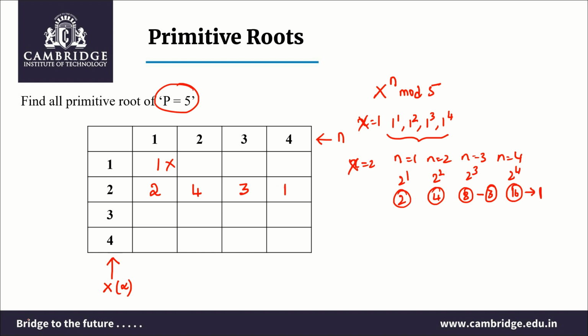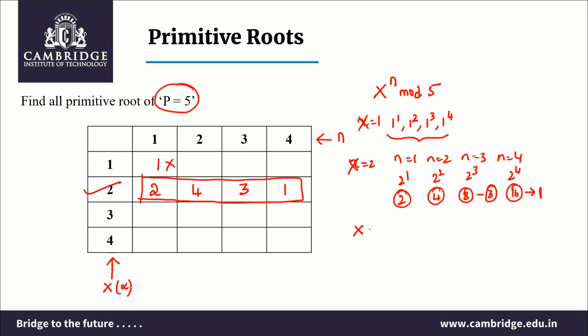You can observe that I have got all distinct values from 1 to p minus 1. So I can say that 2 is one of the primitive roots.